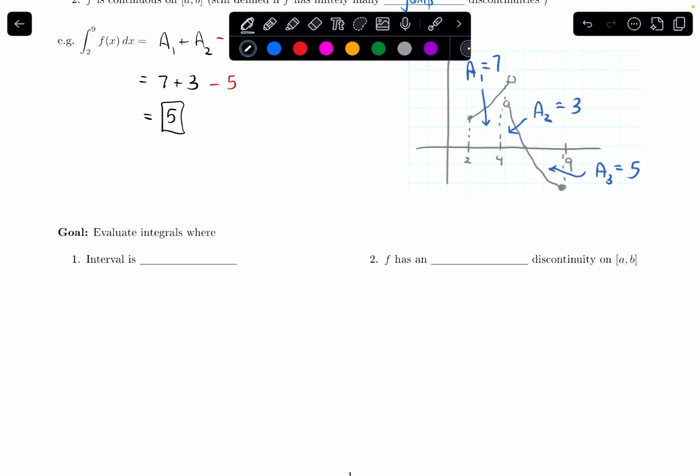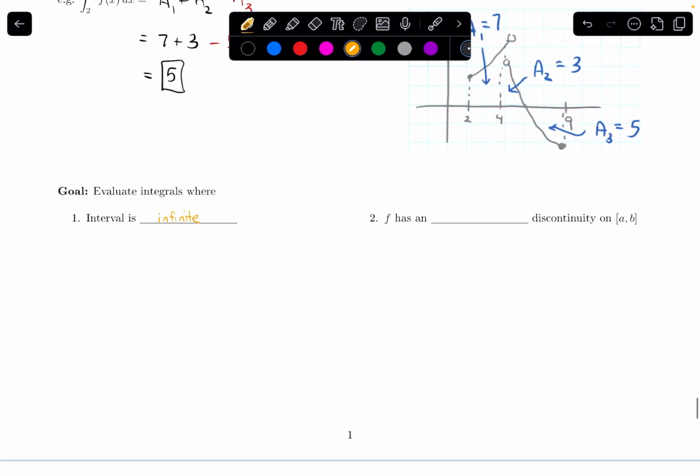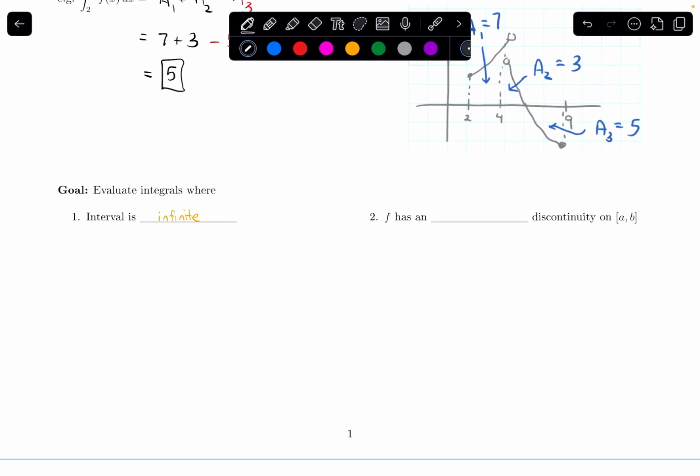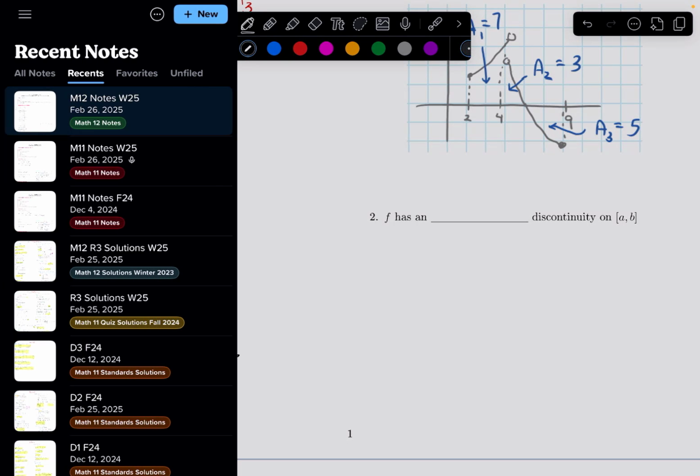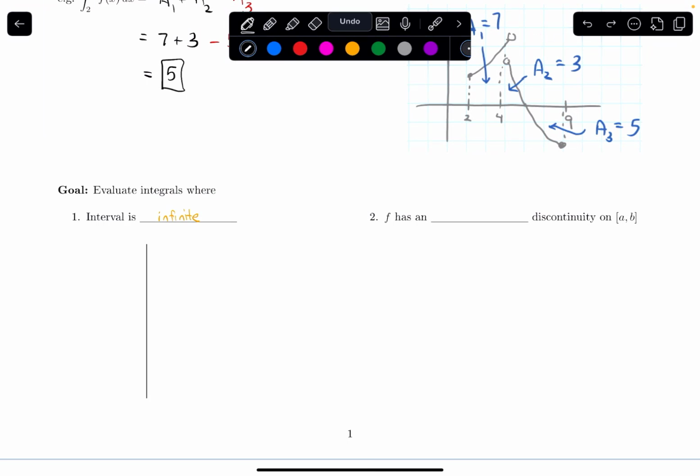What if my interval is infinite? So if it's infinitely long. So the picture of this would be, if I draw some axes, and I have an interval that starts at a, and imagine I have the graph of a function.